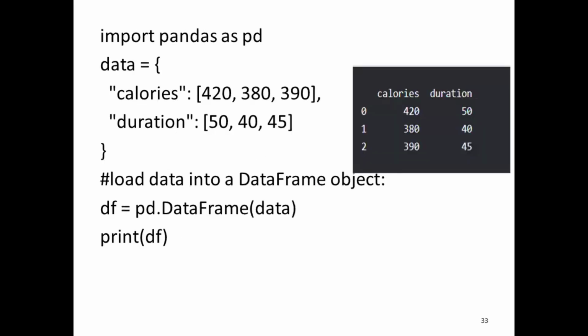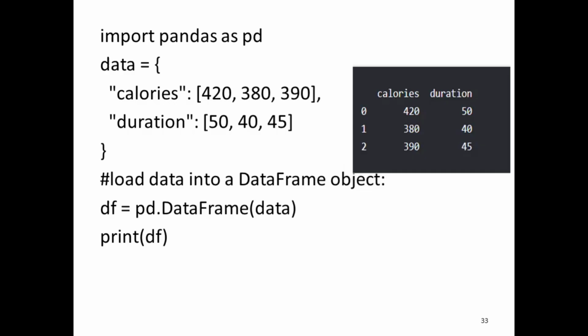So see the example. Now I'm going to create the data set. So data equal to, then here the number of rows and columns you have to specify. Pandas contains rows and columns. So my first column title is calories, and the data are 420, 380 and 390.